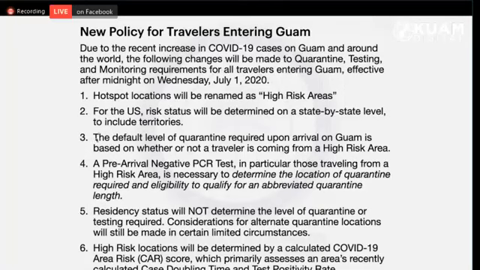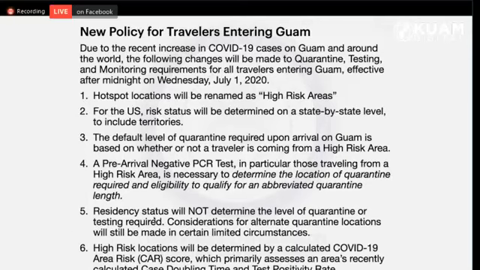The default level of quarantine required upon entering Guam is based on whether or not a traveler is coming from a high-risk area. A pre-arrival negative PCR test, in particular for those traveling from a high-risk area, is necessary to determine the location of quarantine required and eligibility to qualify for an abbreviated quarantine length.